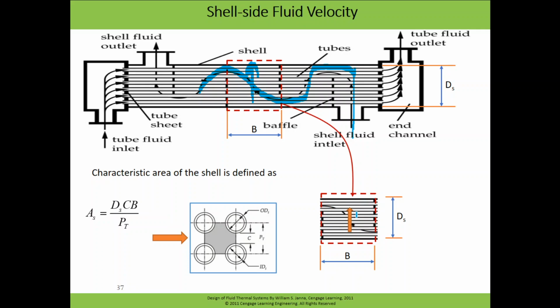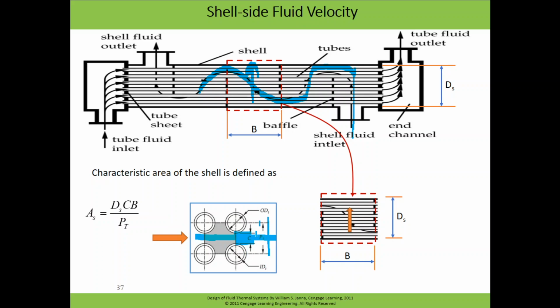So if we consider the pitch like this, in this example the flow is striking from here, so this is the passage for the flow, and some of the space is occupied by the tube. So if you have a space of one pitch, out of the one pitch the only available space for the fluid is this C. So out of the PT only C is available. So the ratio of the area is C over PT.